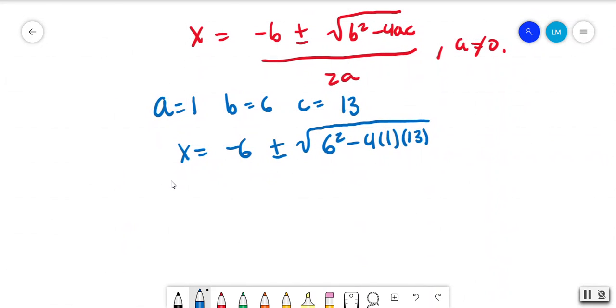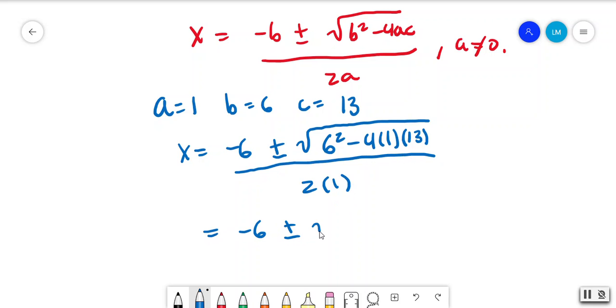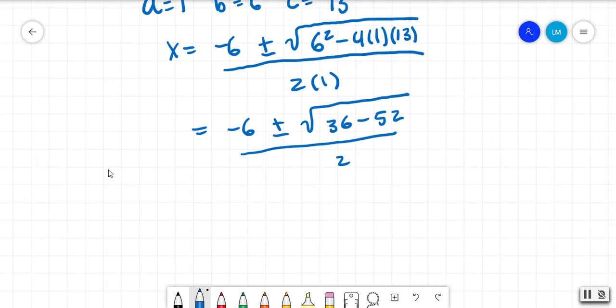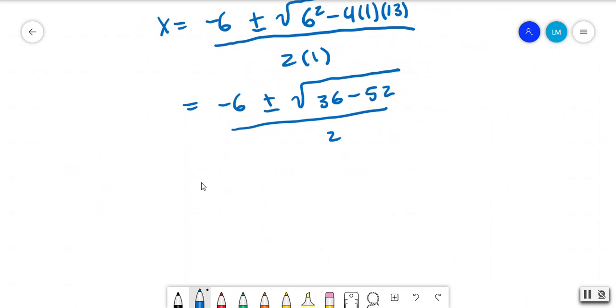And then all of this is divided by 2 times 1. Now, from here, you have negative 6 plus or minus the square root of 36 minus 52, and all of this is divided by 2. Now, 36 minus 52 is negative 16. So you have negative 6 plus or minus the square root of negative 16, divided by 2.